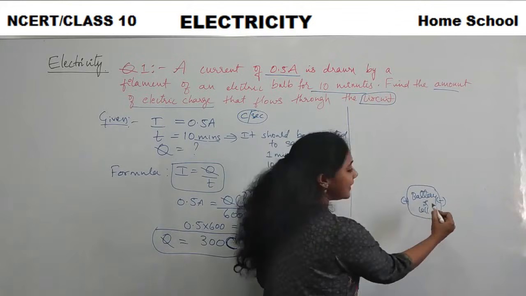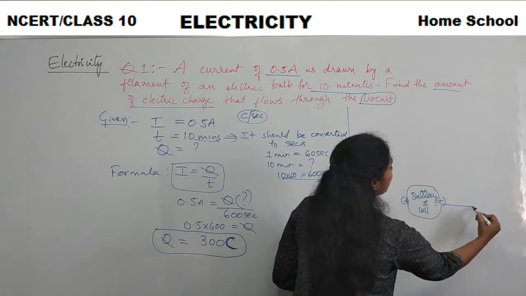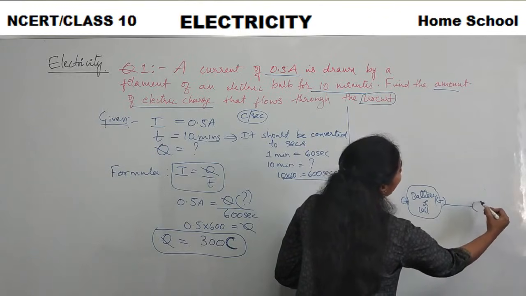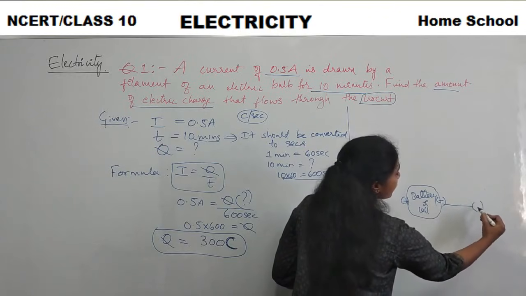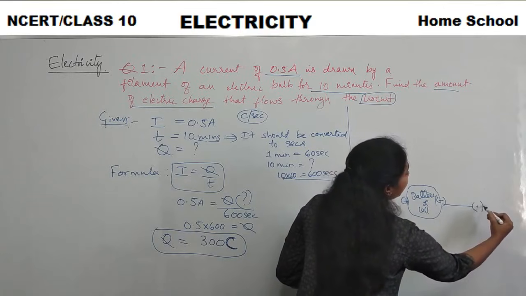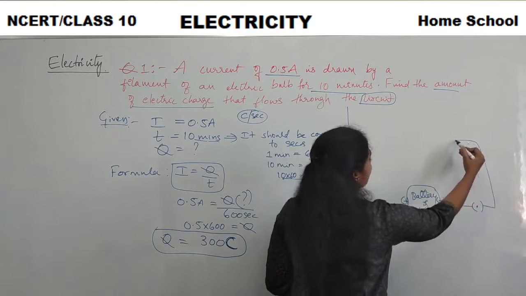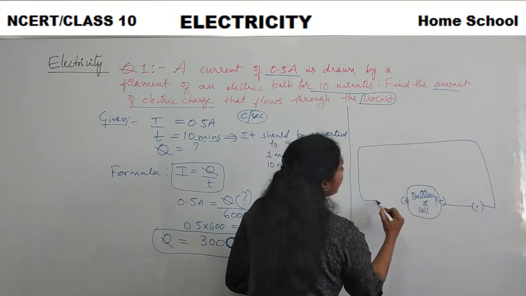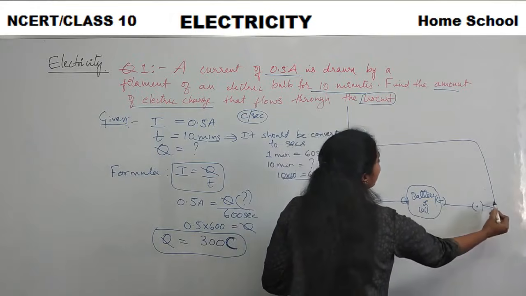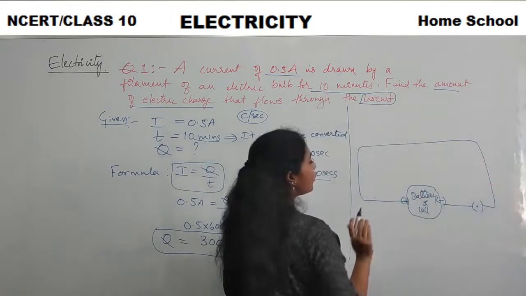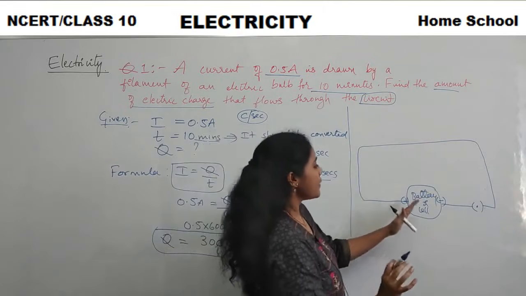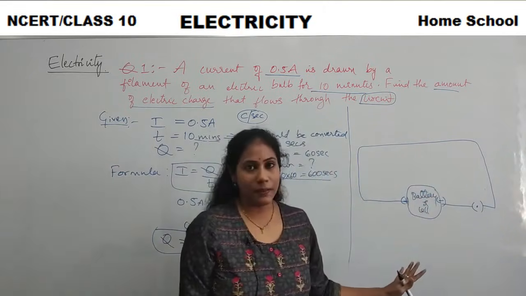So I will connect the battery with one wire, and here I will have a switch. The wire passes through the switch, and this is how I will connect. This is a copper wire. So this is a simple circuit actually.